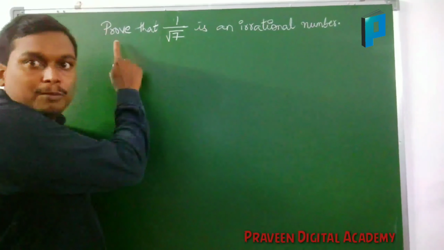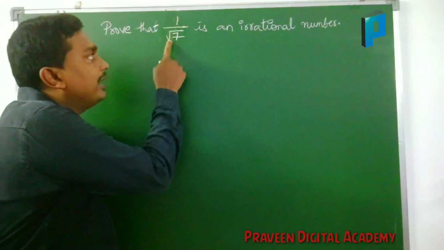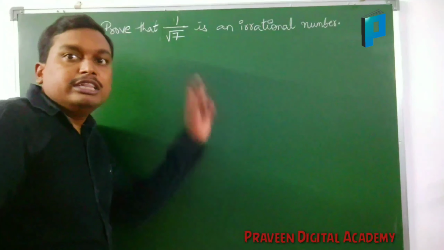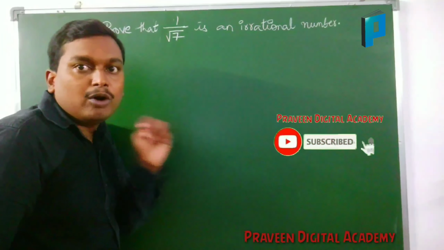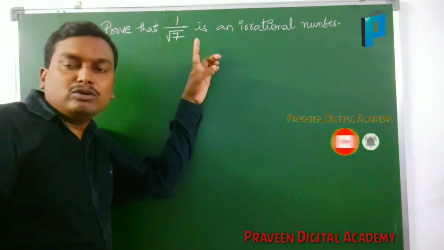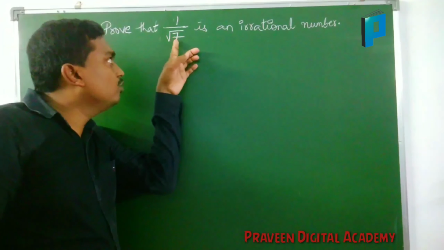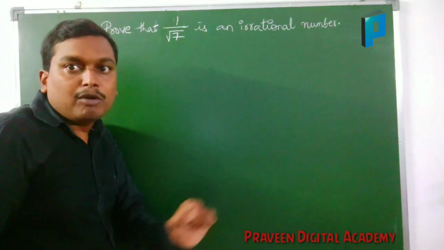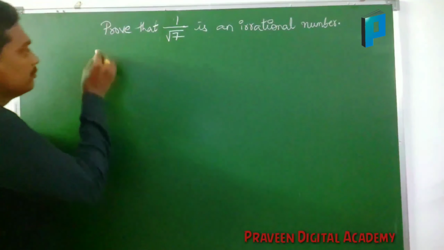If they are asking to prove that 1 by root 7 is an irrational number, this also comes under model 3. We are having only one number here, 1 by root 7. At this time, how to solve the problem? Let us see now.